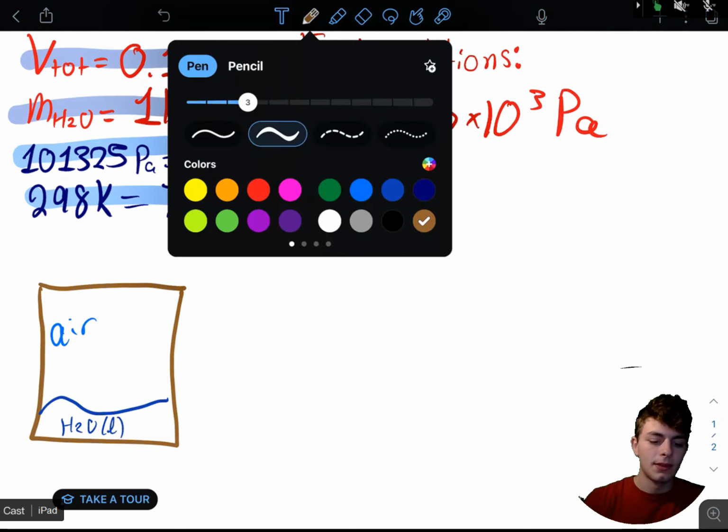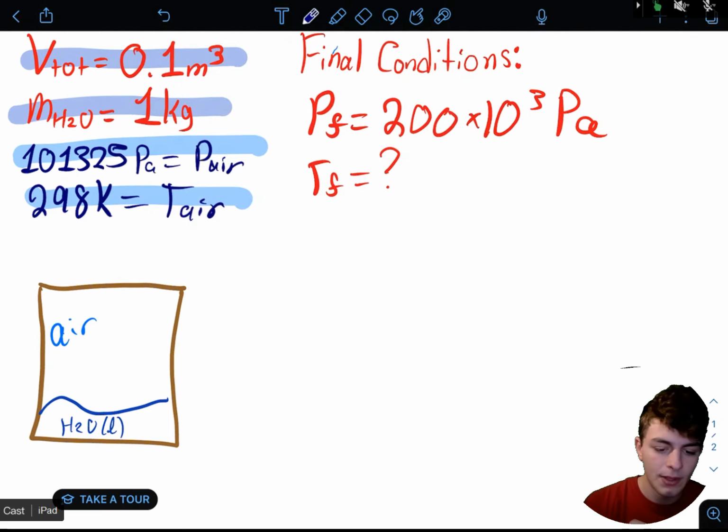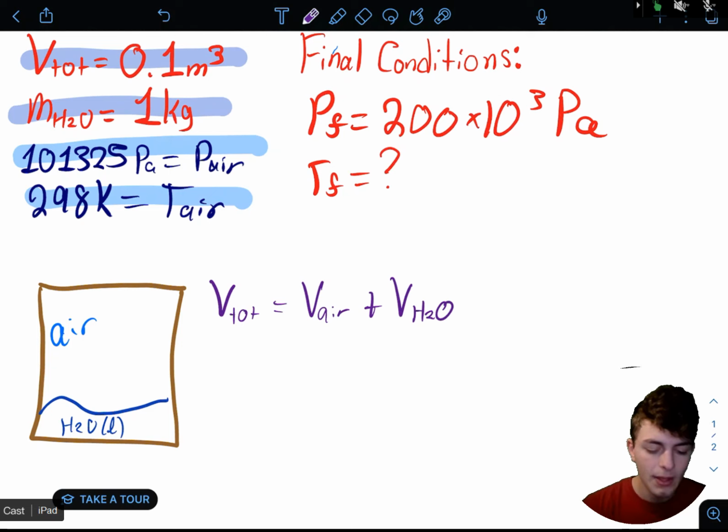Amazing. So let's go ahead and derive our first equations here. I'll do equations in a purple color. So we're going to say the total volume is going to be equal to the volume of the air plus the volume of the water. You'll see why I'm deriving the volume equations in just a moment.